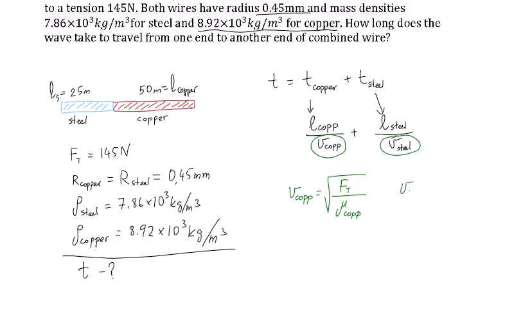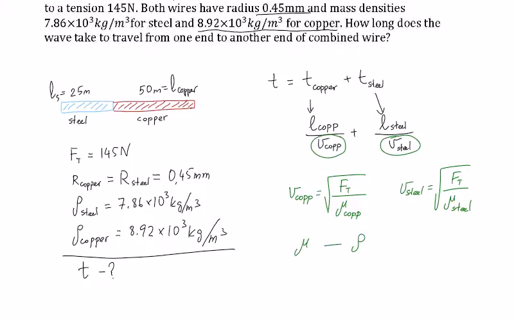Similarly, the speed in steel should be the square root of the force of tension divided by the linear mass density of the steel. Now the question is, how do we get the linear mass density mu since we have the rho?